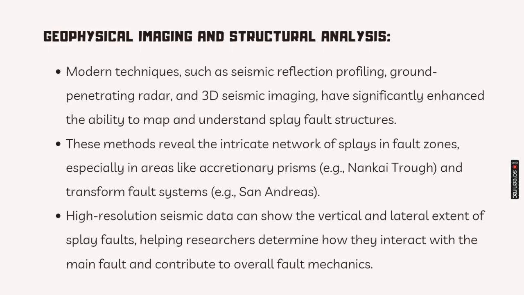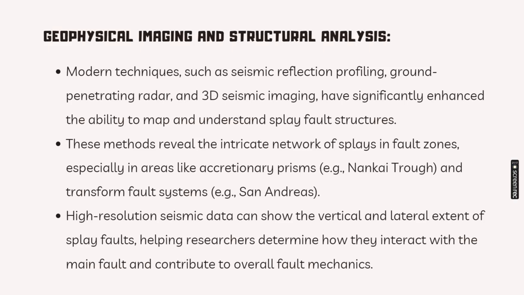Therefore we must understand geophysical imaging; structural analysis is very significant. If we update modern techniques such as seismic reflection profiling, GPR, 3D seismic imaging, they have significantly enhanced the ability to map and understand splay fault structures. And these methods reveal an intricate network of splays in fault zones.